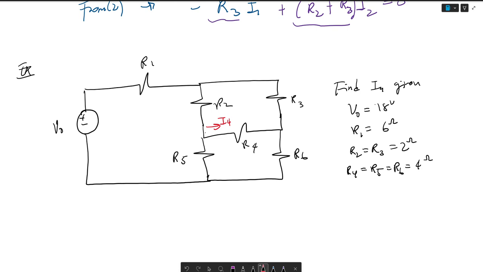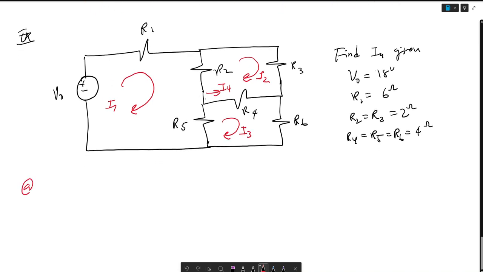So the very first thing you want to do is draw your meshes. You want to say that this is a mesh. I'm going to call this I1. This is another mesh. I'm going to call it I2. And this is a third mesh. I'm going to call it I3.